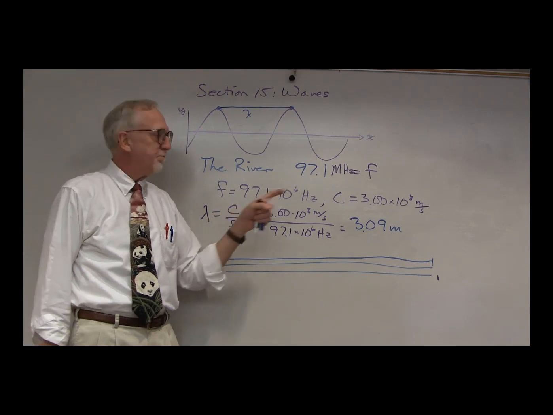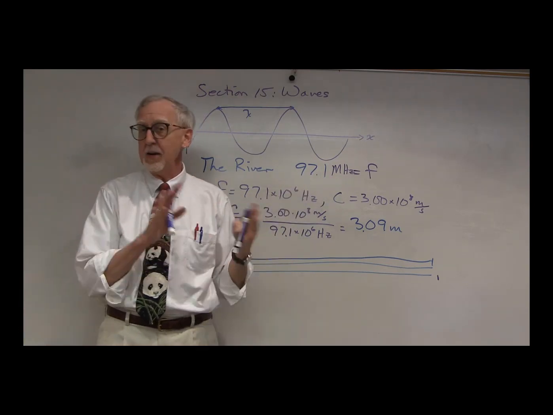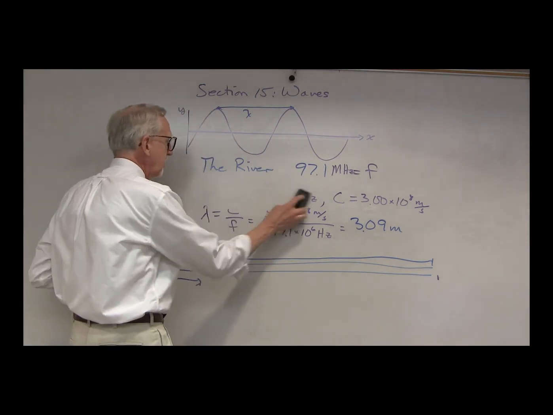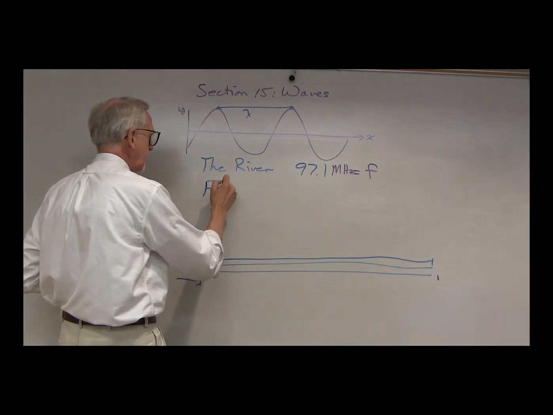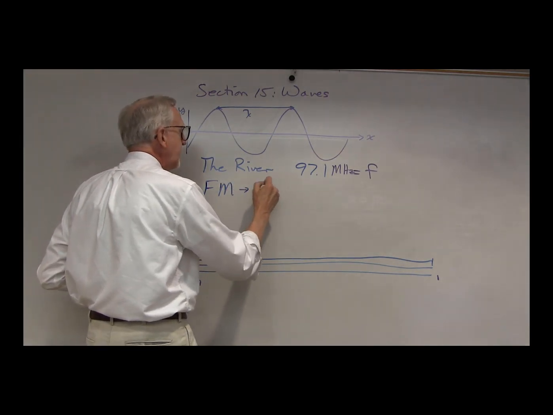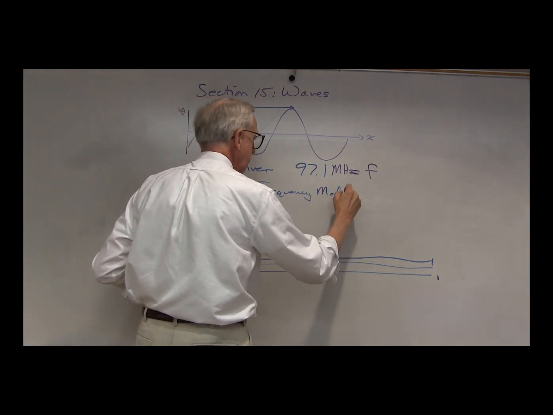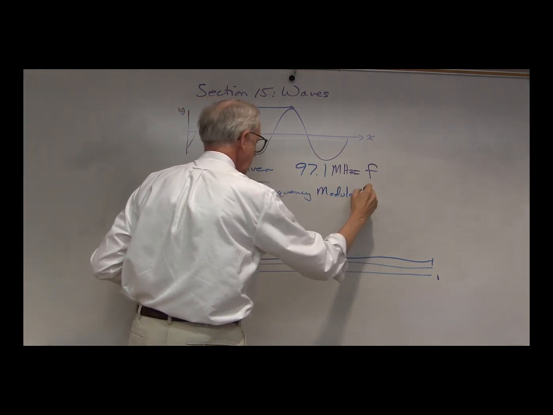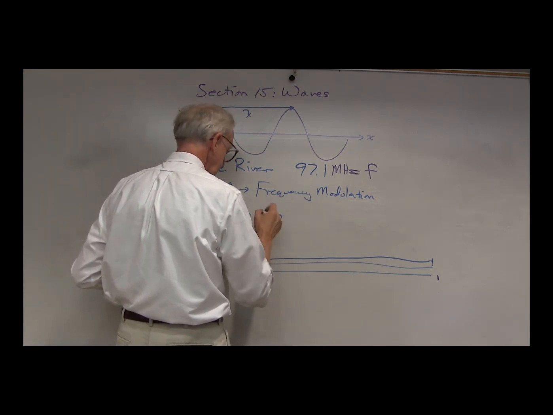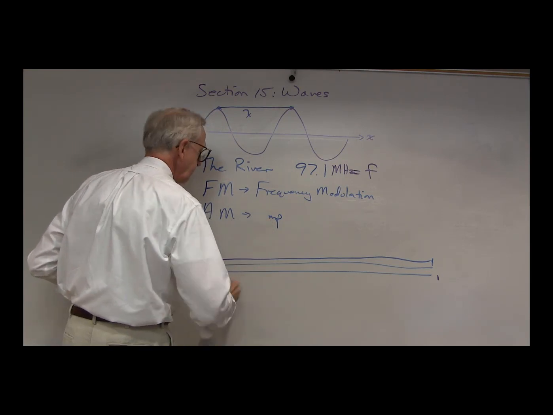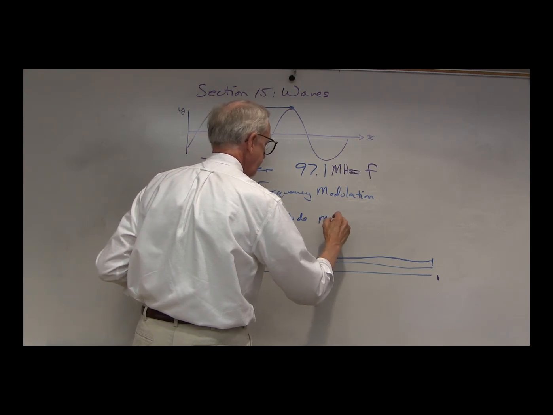Just as an aside, I mentioned this is an FM radio station. What is the difference between FM and AM? Let me just very quickly write this down. So FM stands for frequency modulation, while AM stands for amplitude modulation.